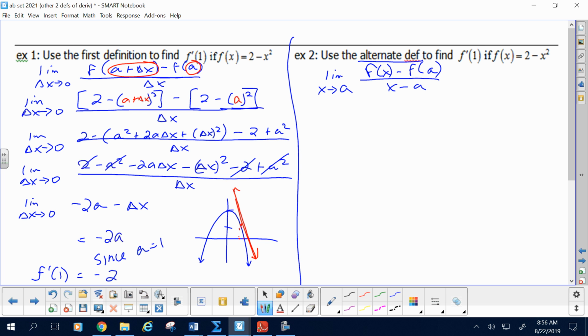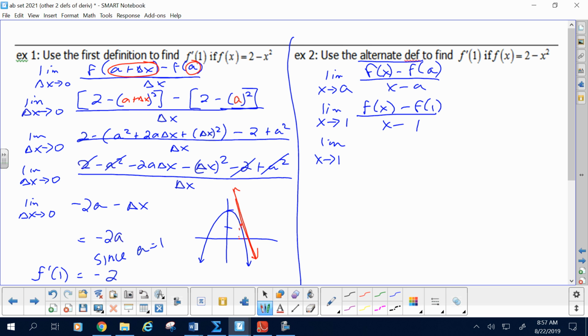Let a be the point you're interested in. Instead of doing this delta x idea, just call x some other point off to the side, and then take x close to a. You follow me? Now in this case, this time I'm going to get it right, we're going to use an a of 1. So we want to know what's the limit as x goes to 1 of f of x minus f of 1 over x minus 1.